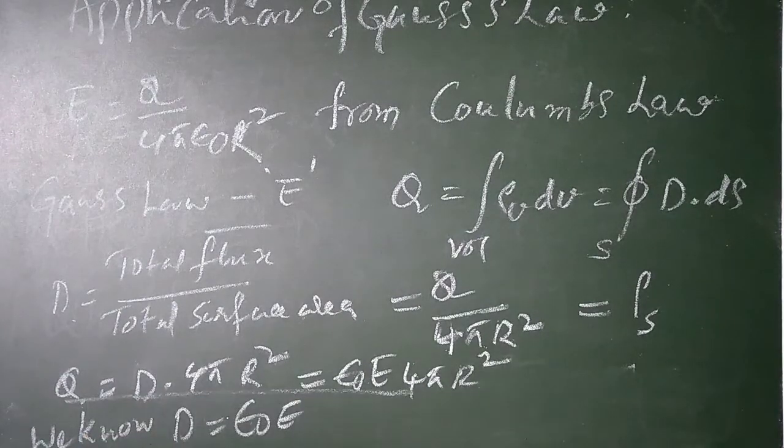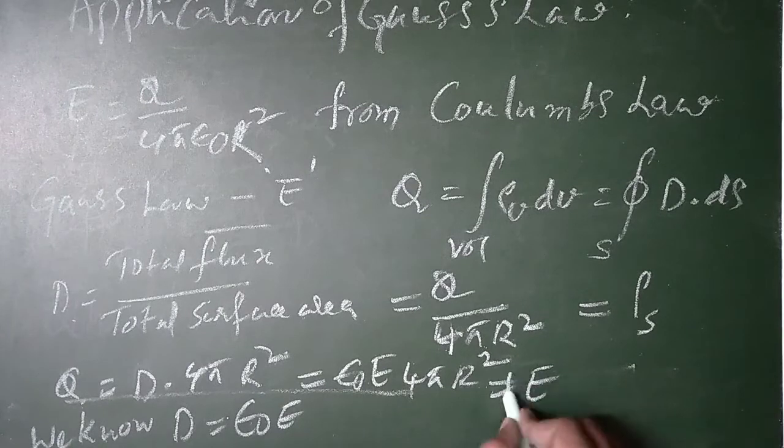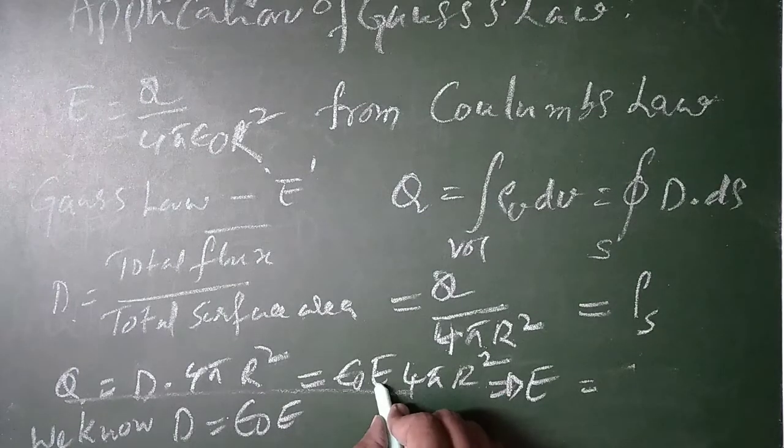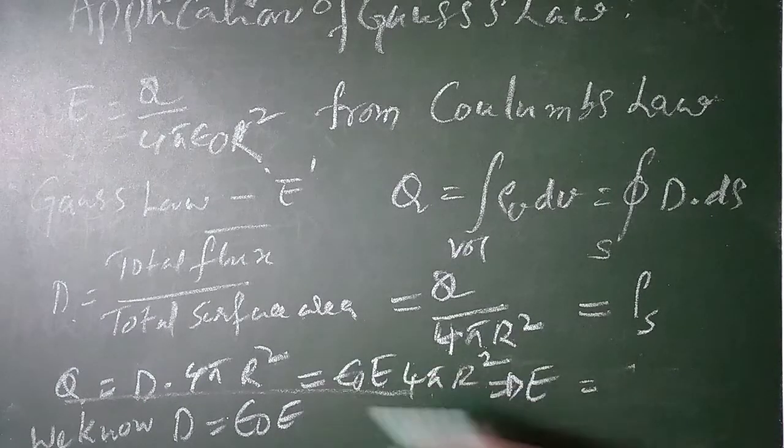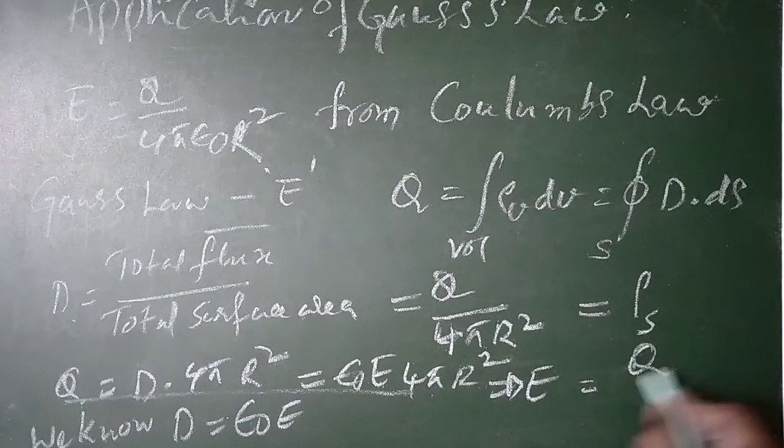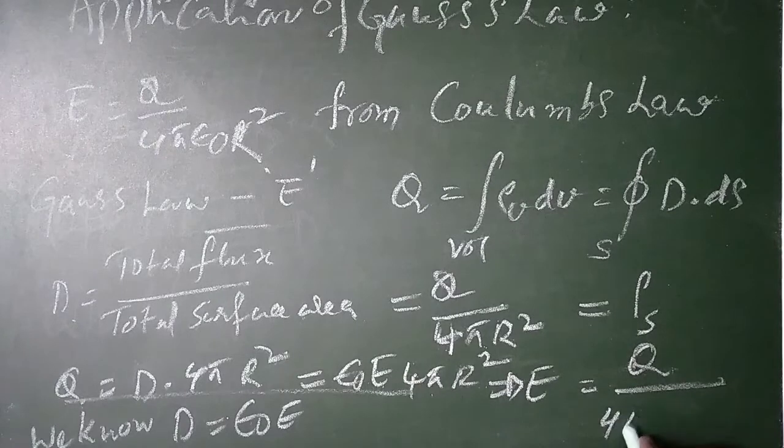From this equation, E equals Q divided by 4 pi epsilon naught R square.